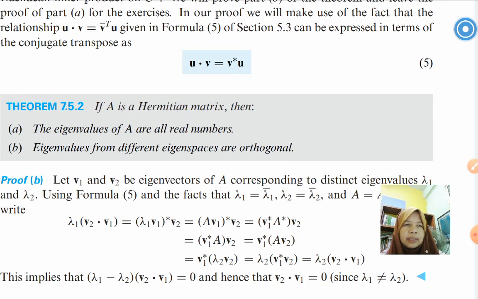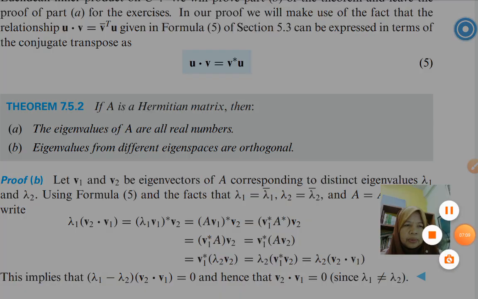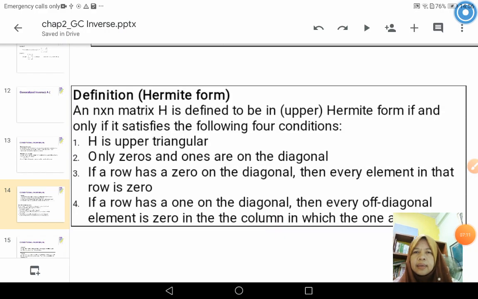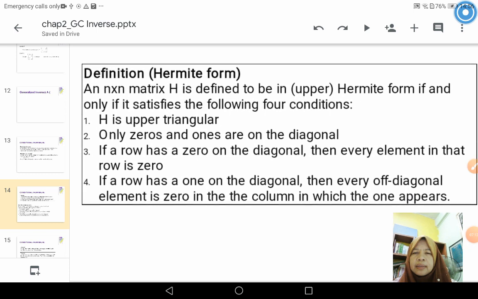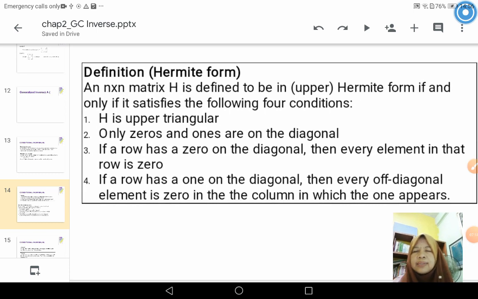So just now we saw H is upper triangular. Next in the definition of Hermite form, only zeros and ones are on the diagonal.